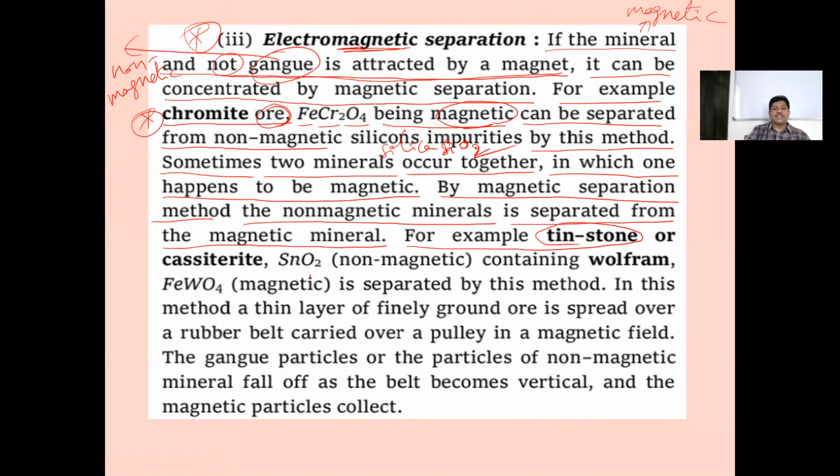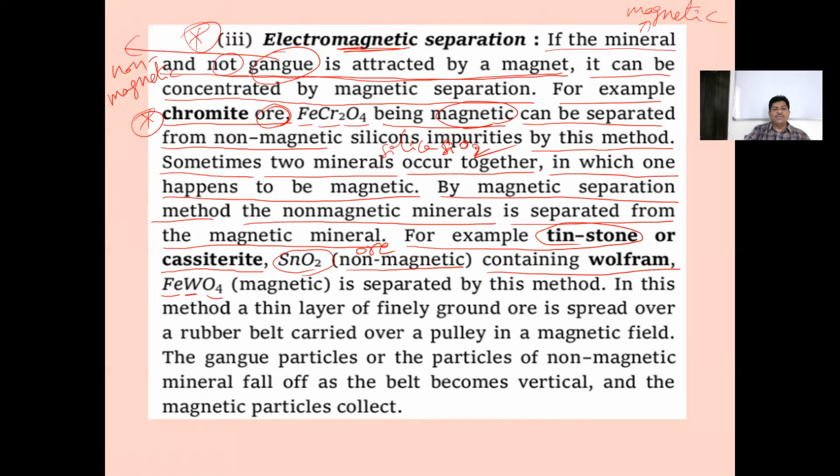For example, tin stone, formula SnO2, also called cassiterite. Cassiterite or tin stone, both are the same. SnO2 is non-magnetic, so the ore particles are non-magnetic in this case. And they contain wolfram, FeWO4.